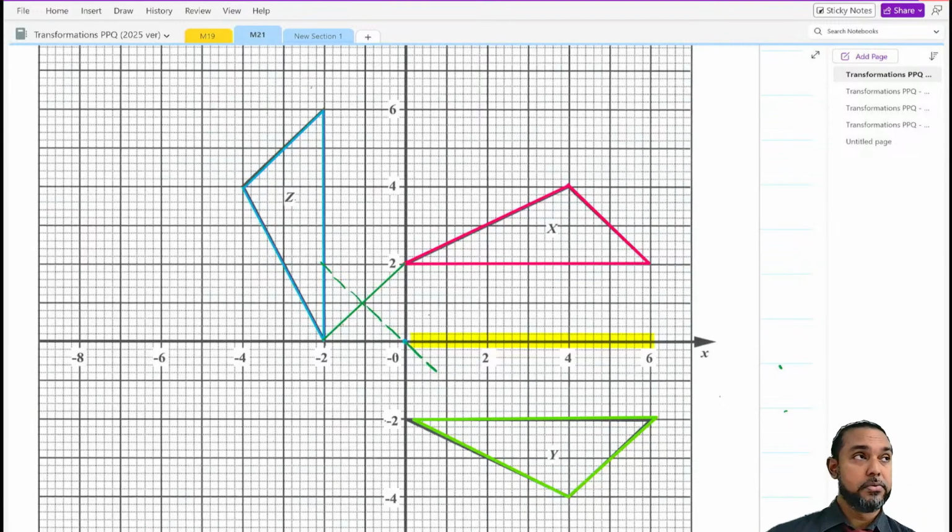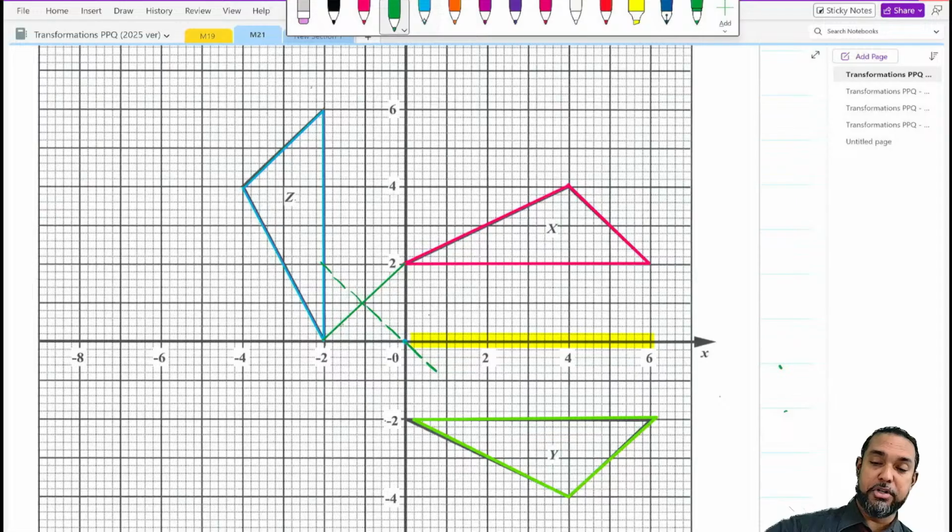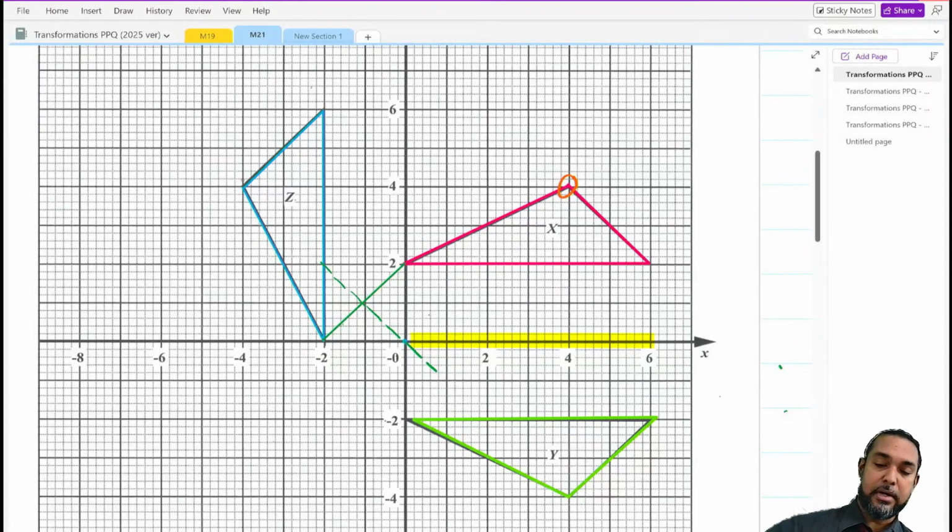You have to join with a straight line two corresponding vertices between the original shape and the rotated one. So like here and here would correspond, and they happen to lie on the same horizontal. So you join them with a straight line, and then you find the perpendicular bisector. Bisect means to cut in half.